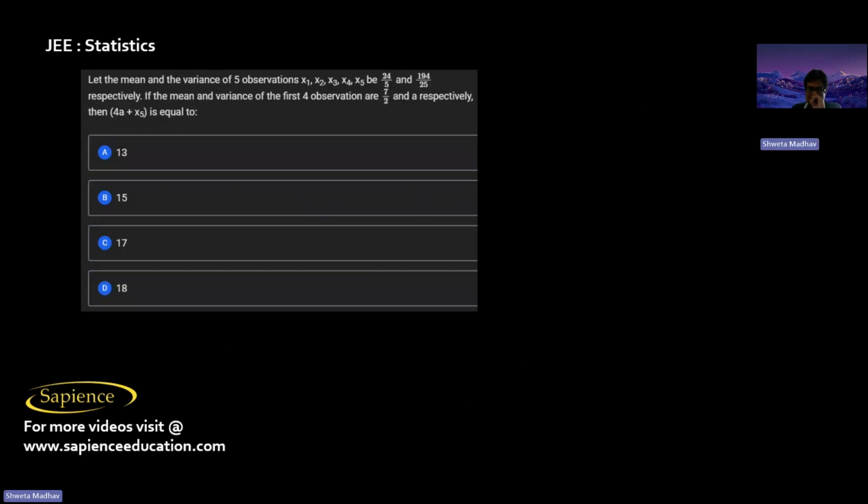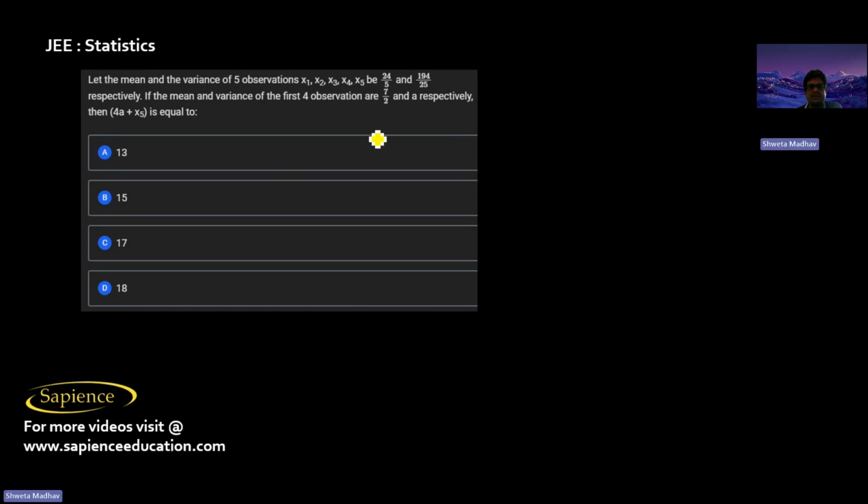And here it is told, let the mean and the variance of 5 observations be these respectively. With the mean and the variance of the first 4 observations being 7 by 2 and A respectively, then 4A plus x5 is equal to.